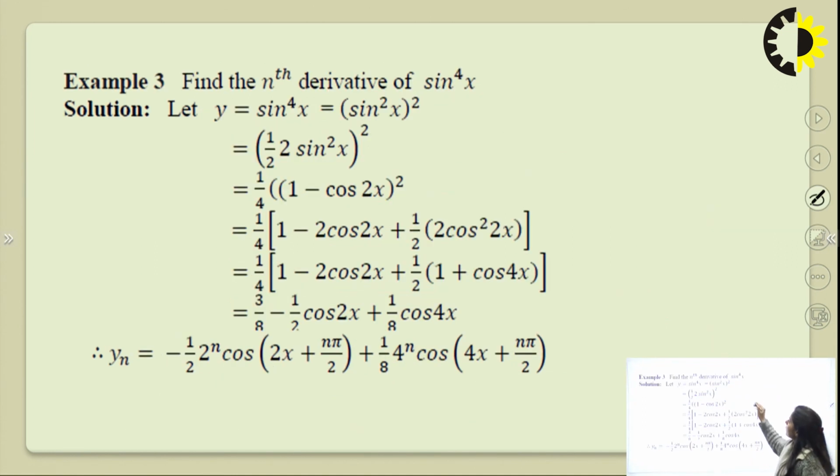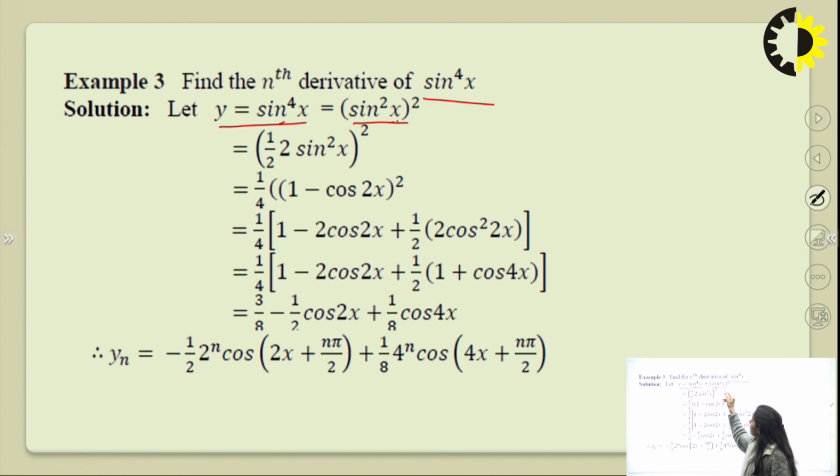Now next we have to find the nth derivative of sine power 4 x. Let this function be y is equal to sine square x whole square.